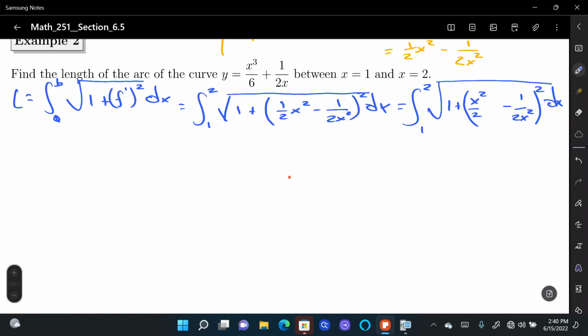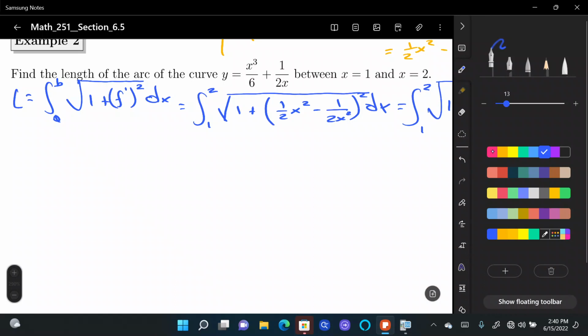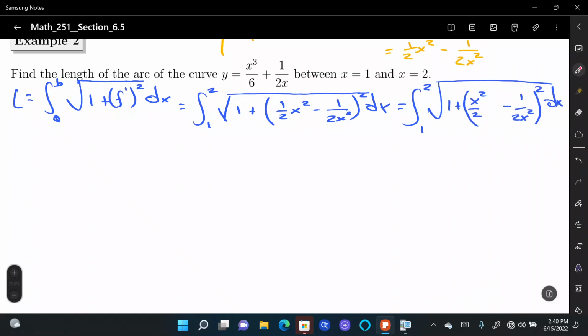Okay? All right, the reason I left that space is because I would like to combine these two fractions together. And in order to get the fractions together, we need to find the least common denominator. In other words, we need to make sure that the two denominators are the same. In this case, they're not. But notice how the first term only needs an x squared, which is what I'm going to do here. I'm going to multiply both numerator and denominator by x squared to make that happen.